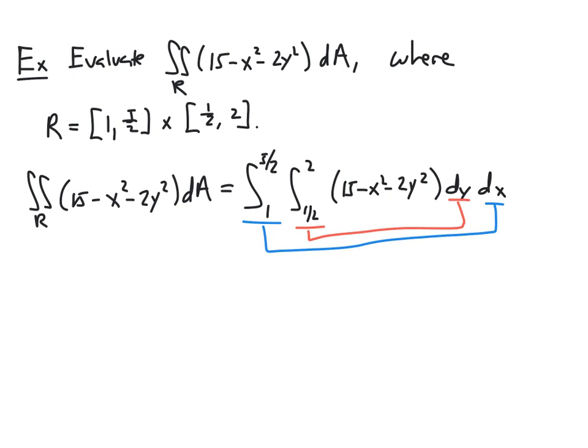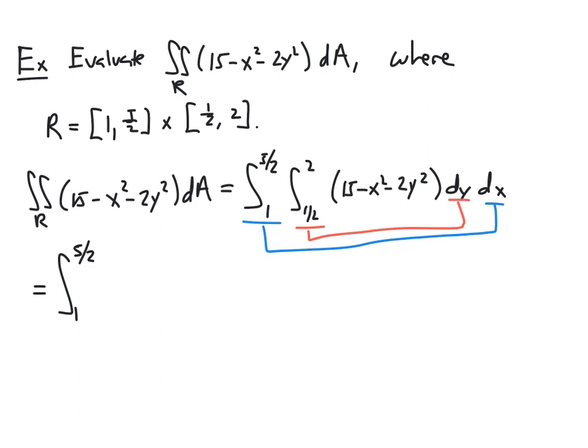All right, so now to compute this, we're going to keep the outer integral as an integral, and we're going to evaluate the integral that I labeled in red here, the integral from 1/2 to 2 of this function dy. So we're going to find an antiderivative in terms of y. When we do that, we want to think of x as a constant. So what we're really doing here is undoing partial differentiation.